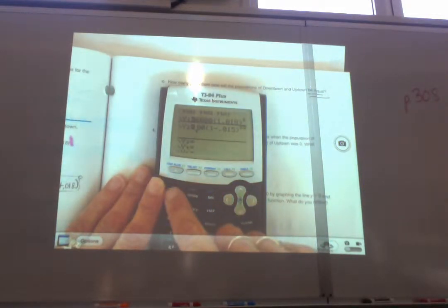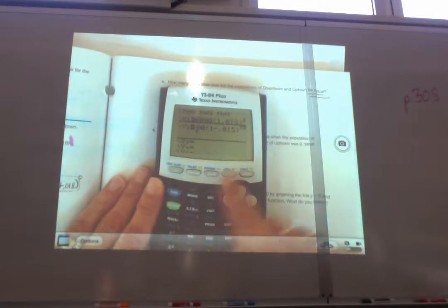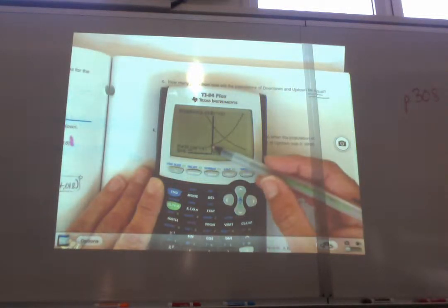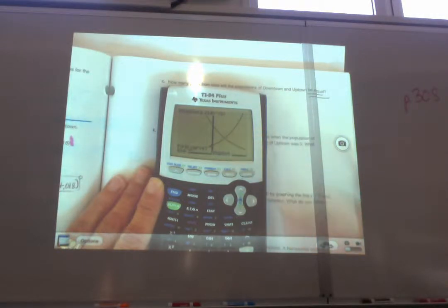I'm going to go intersect again. So second calc, 5 for intersect. Here's uptown going up. Downtown coming down. It says first curve, and I see it blinking down here on the uptown curve.